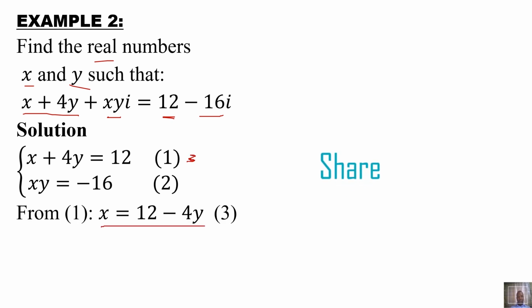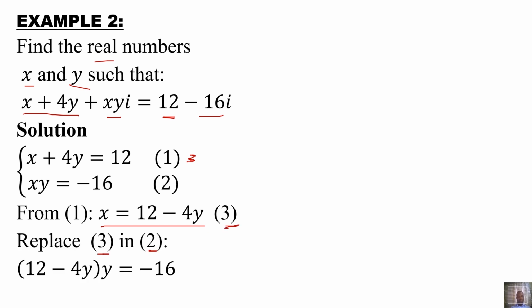From equation 1, we find x is equal to 12 minus 4y. Let me call this equation 3. Replace equation 3 in equation 2. This gives 12 minus 4y times y equals minus 16.